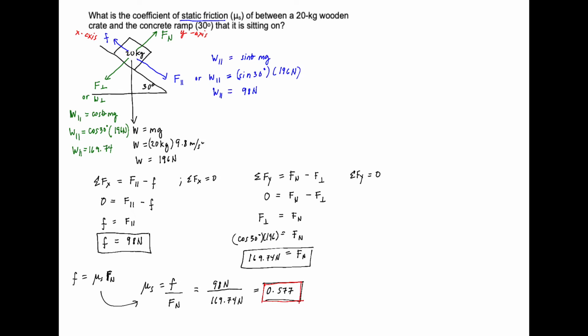Now, there's a shortcut way of doing that. If you want to know the shortcut formula for the static friction, first we will get this concept for the summation of Fx.